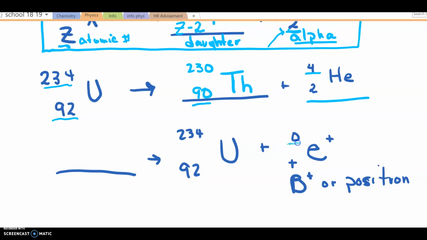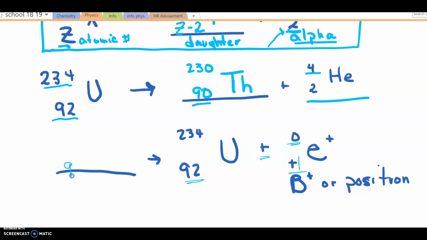We see that there are no nucleons involved in forming this positron or positive electron. And we have a +1 atomic change. So whatever goes in this blank is going to be this 92 plus whatever's right here, 1.